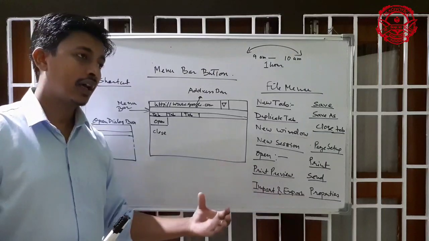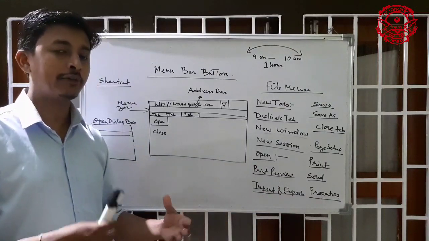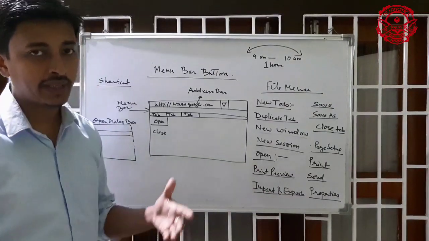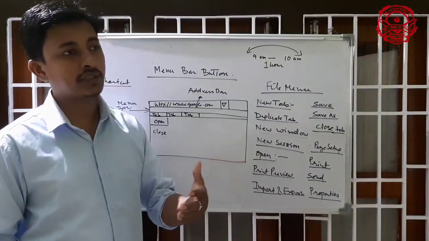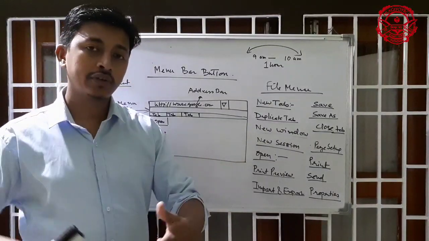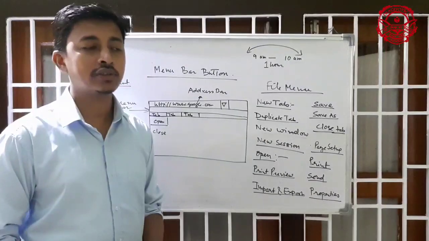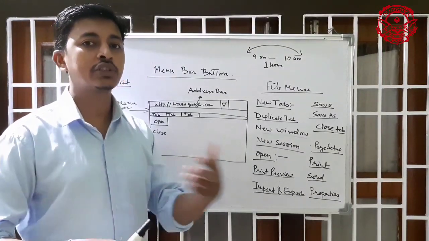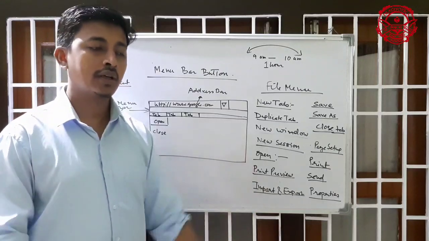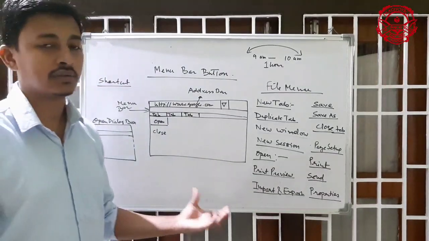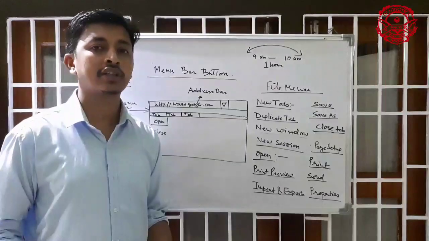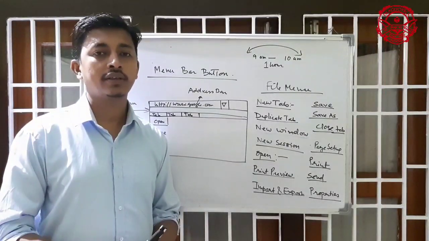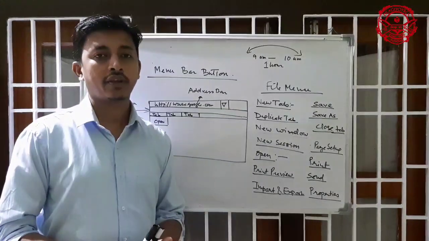So that's why you have to update your browser when an update comes. Immediately you update your browser, because an update will give more security. It will create a more secure browser. So when an update is coming, you have to update the web browser.